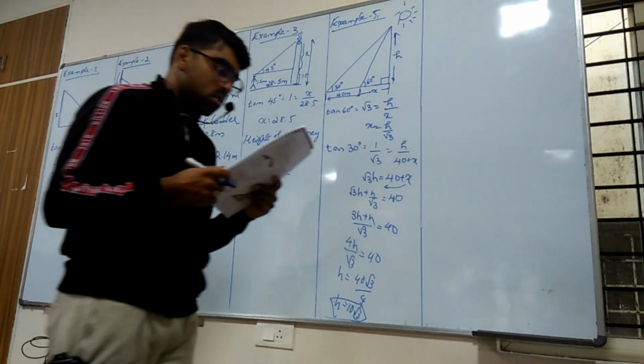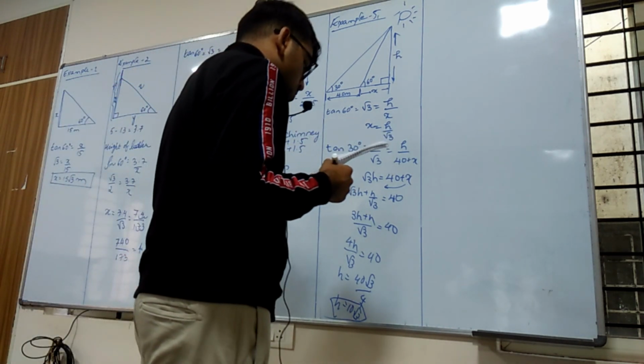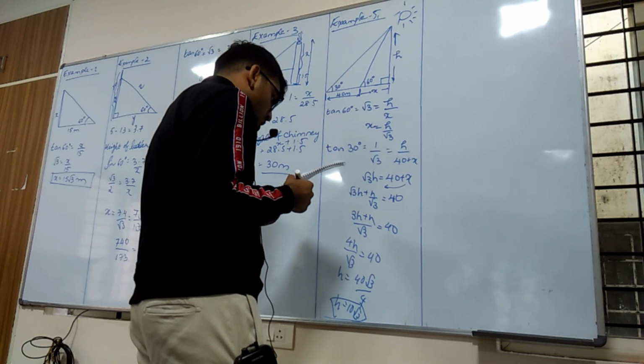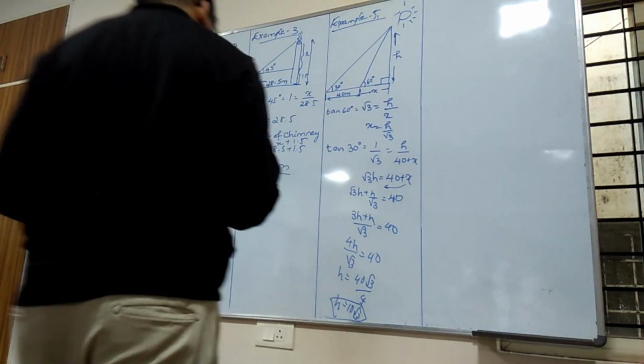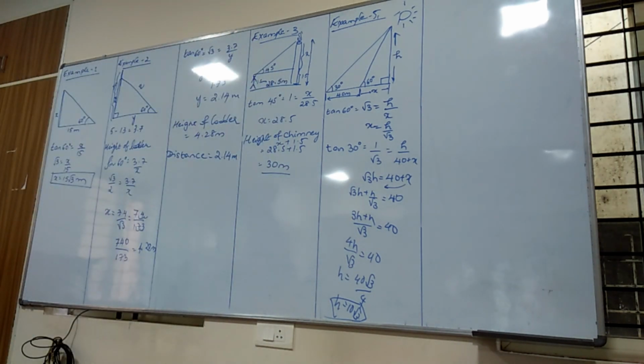Yes sir. Example. Oh okay sir, you skipped the fourth example. The fifth one is an answer. So they take h is equal to x root 3. Then what, sir? We get x root 3.